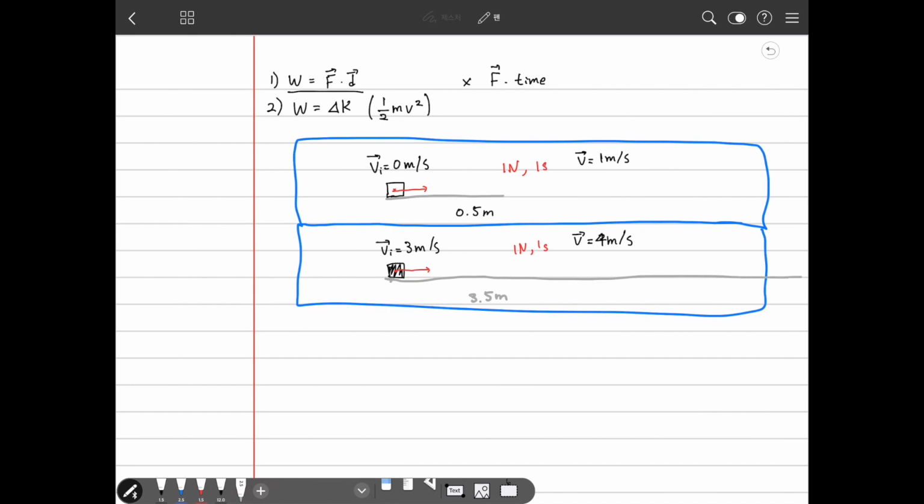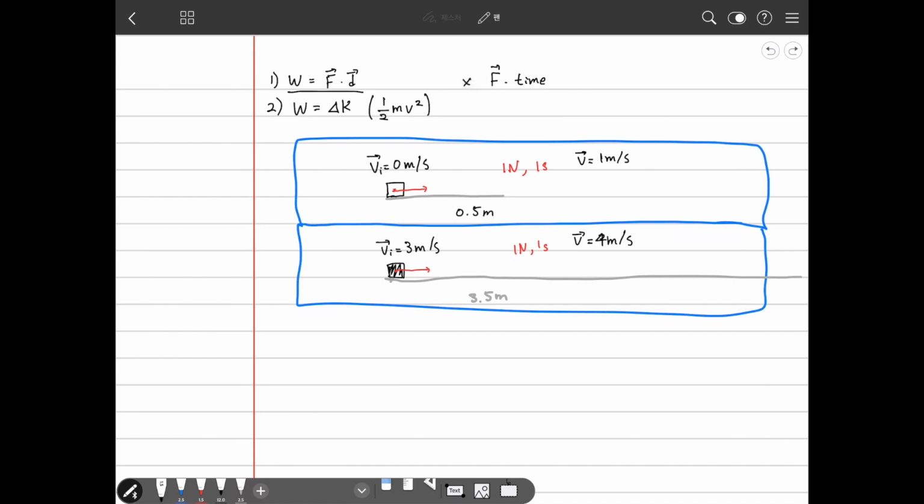And so now we are gonna calculate the work done by you when we use this equation right here, which is work is force times time. And this is a wrong equation to use, but we're just gonna use it for the sake of explanation.